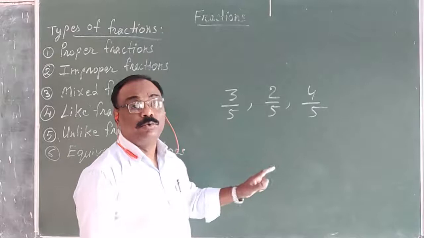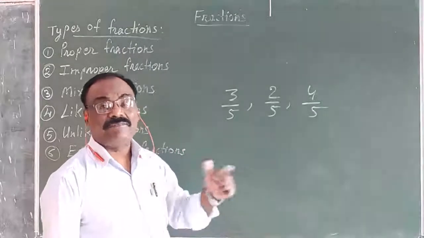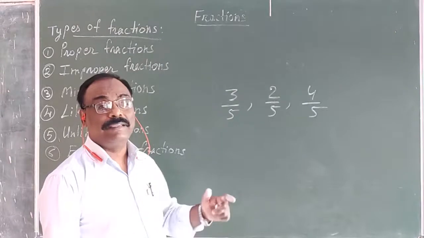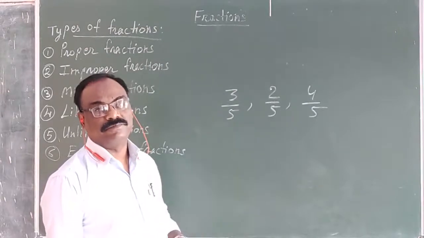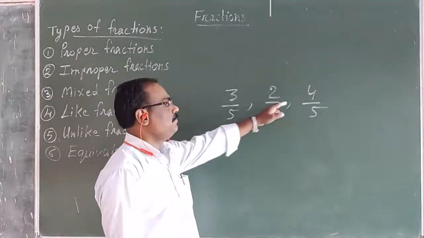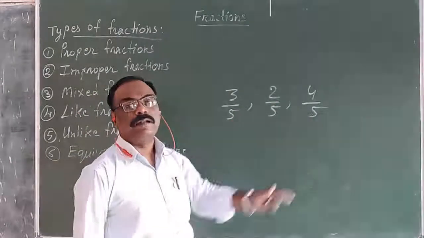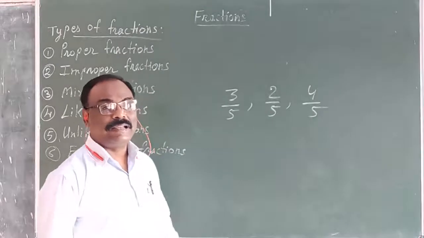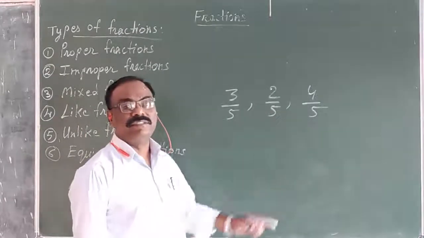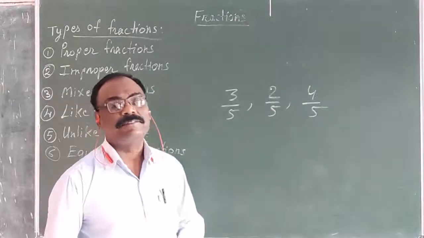So when two or more fractions have the same denominator, then we call them a like fraction. So we can say that 3/5, 2/5 and 4/5 are like fractions. Why they are like? Because all the three fractions are having the same denominator, that is 5.